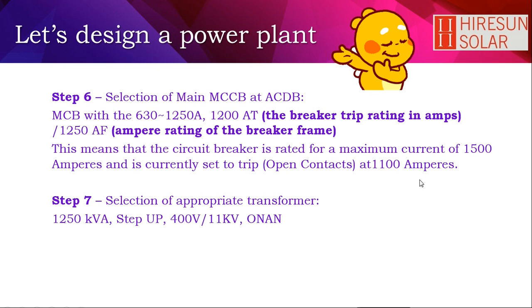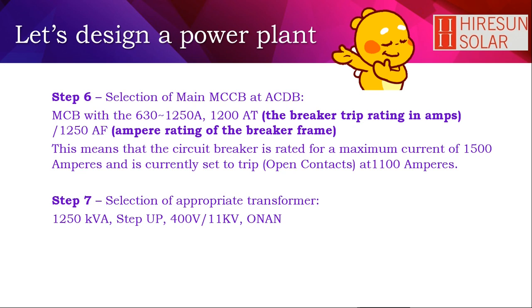This means the breaker operates for a maximum current of 1500 ampere, considering the overload capacity, and it is currently set to trip on all open contacts up to 1100 amperes. Similarly, we can select a higher capacity, because we still have 150 amperes in hand.